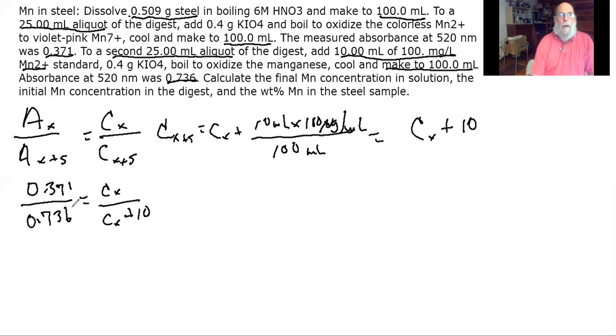Now I'll let you do the arithmetic. This is basically just we cross multiply, get all the x's on one side and all the numbers on the other, and we get our Cx.